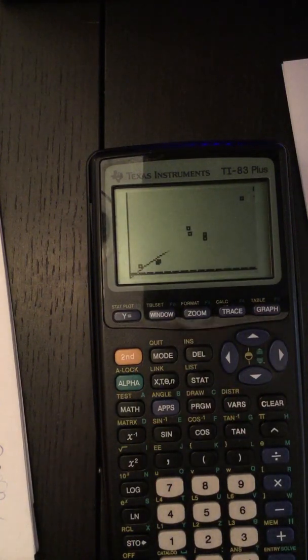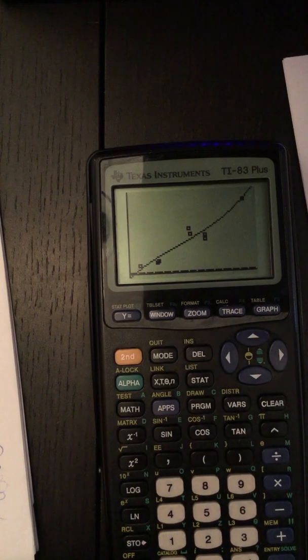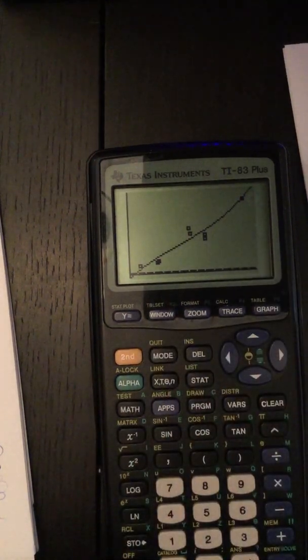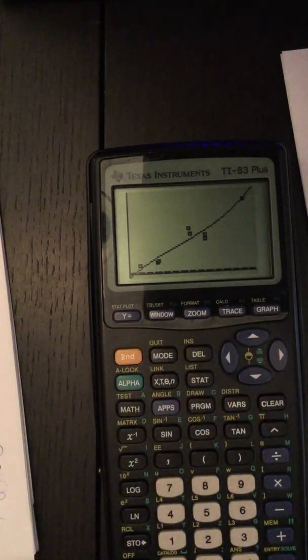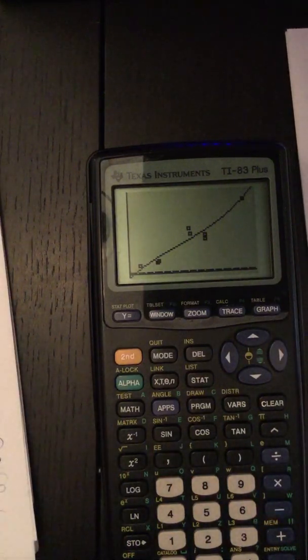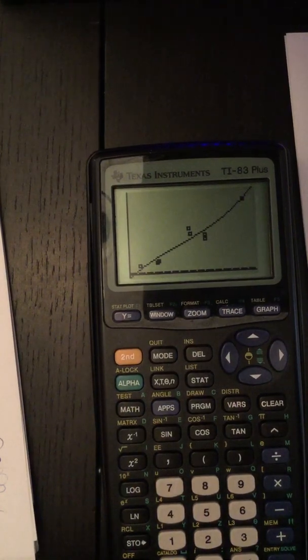Watch. Now, you may say, oh, miss, that looks kind of like a straight line, but it's not. There is a curve there. It is just the curve of that line, and it just has to do with the window that we're using. So there is a curve there. Learning experience there. We'll treat that whole exponent thing as a teachable moment.